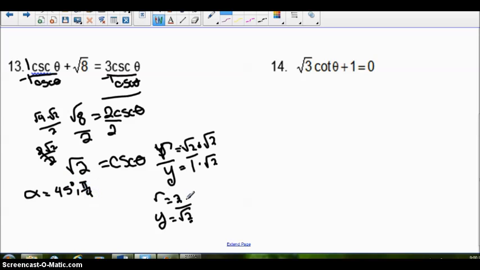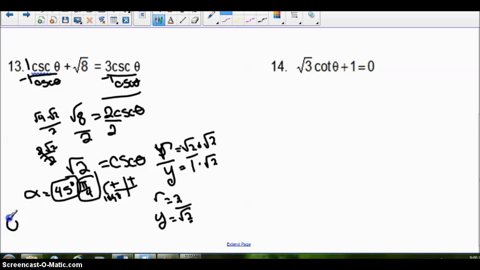Now because back here we had square root of 2, it's positive, we know that our reference angle could be 45 and pi over 4 because it could be in the first quadrant, because cosecant's positive in the first quadrant. But cosecant is also positive in the second quadrant. So to find that, we need to come back from 180 or pi.